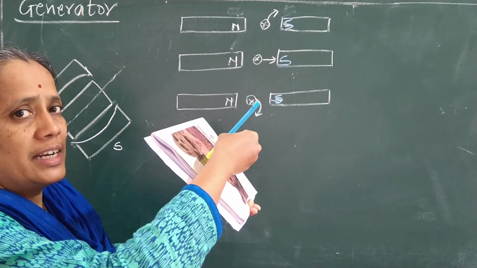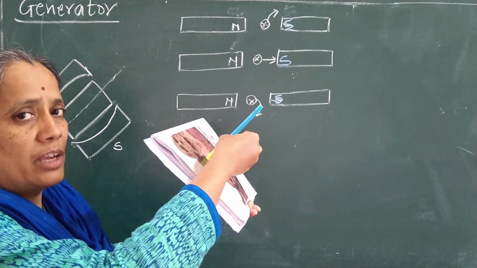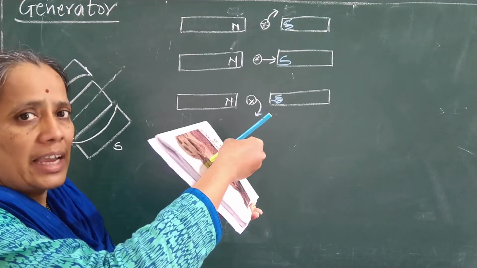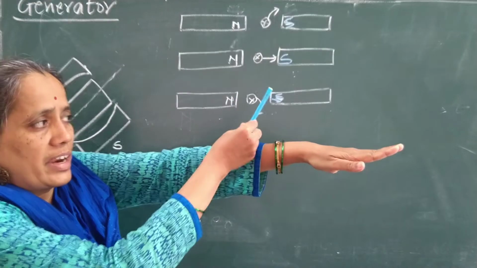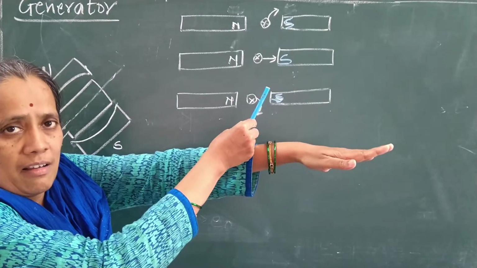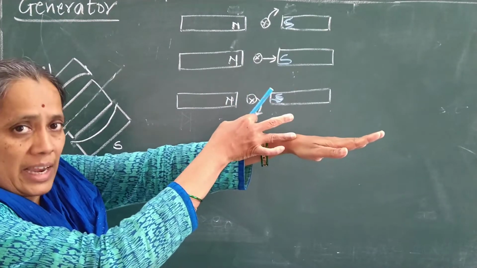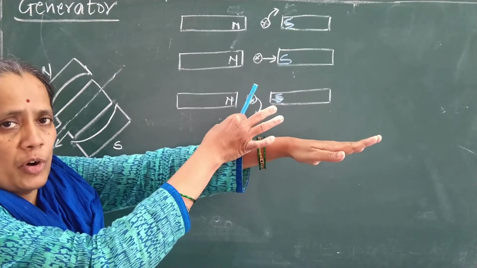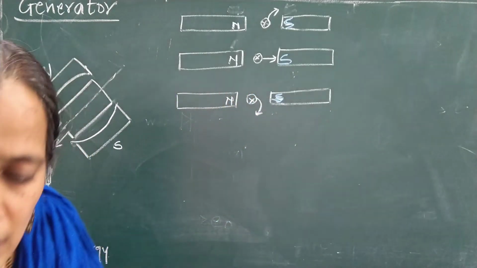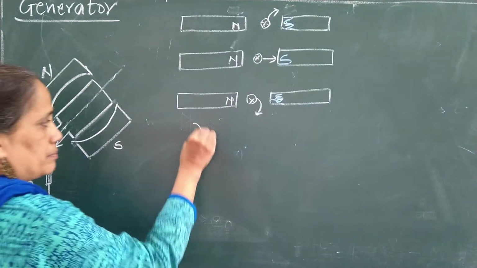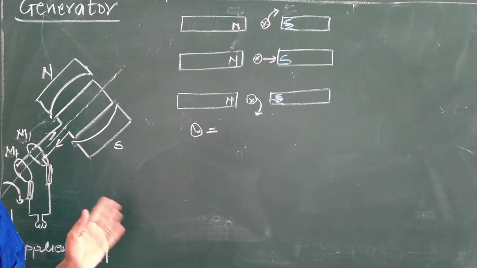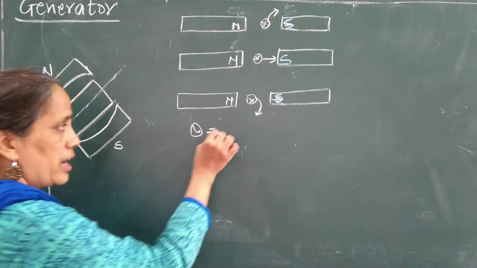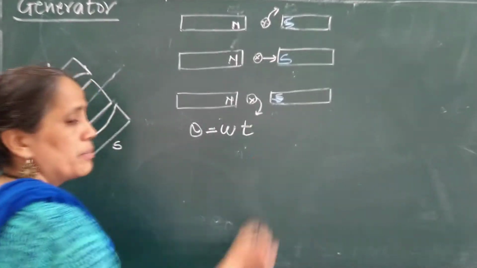If I make it slightly tilted, it is the perpendicular area vector. So if this is the magnetic field and this is the area vector, there is an angle theta between the magnetic field and the perpendicular component of the area vector. Through that theta, your coil is rotating, with angular velocity omega. So theta is equal to omega t.